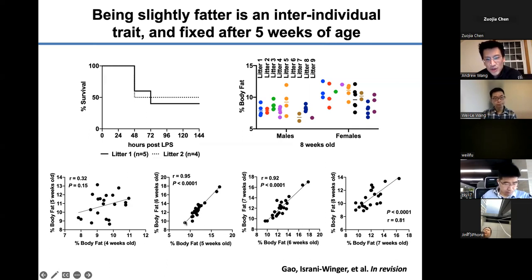But what's very striking is that after 5 weeks of age, a slightly fatter mouse stays slightly fatter at 6 weeks, at 7 weeks, at 8 weeks, and we followed this out now to about 6 months, so that something fixes the slightly fatter or slightly less fat composition sometime between 4 and 5 weeks.